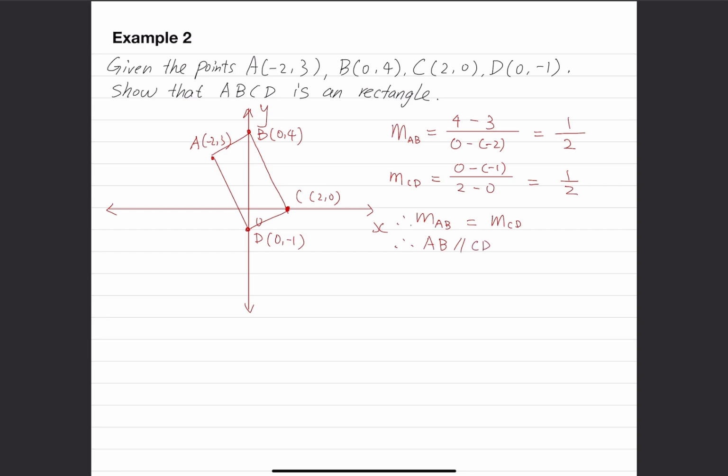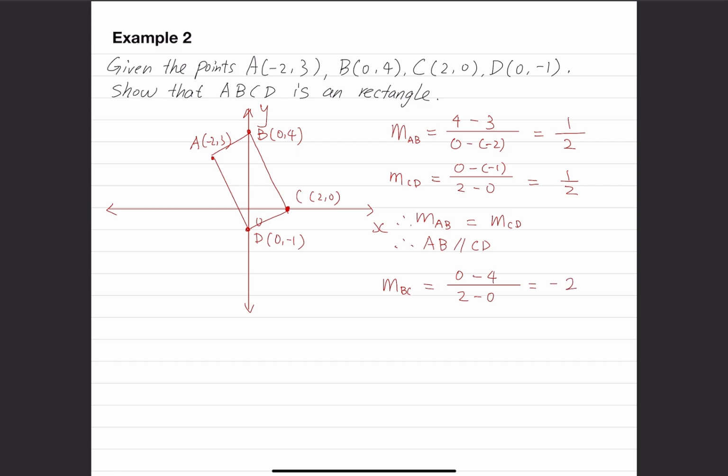So similarly, now we're going to prove that BC is parallel to AD. Start with MBC. It is equal to 0 minus 4 over the x2, which is 2 minus 0. Just be careful when you plug in the coordinates. Make sure that you're matching whichever point you consider as the y2 and x2. So this is going to be -2.